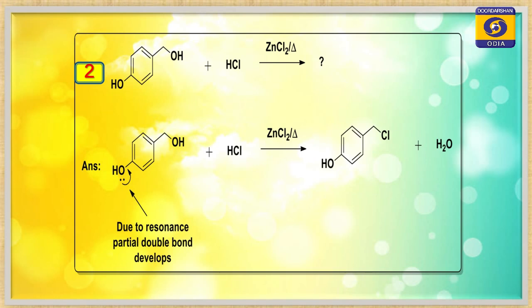But the OH group attached directly to the ring will not be removed, because due to resonance it forms a partial double bond. The OH group outside will be removed by using HCl and ZnCl2, and the product is there on the screen.